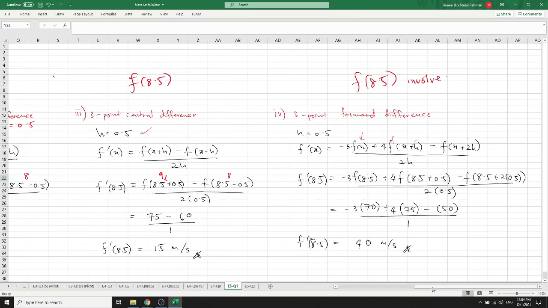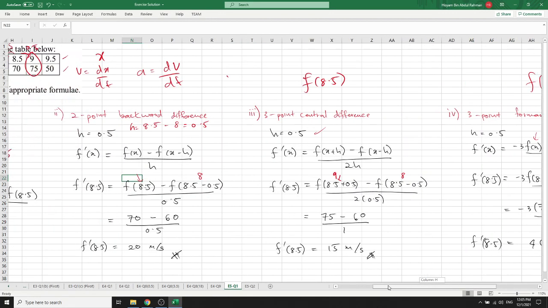So is it okay to use this to solve the problem? Is the h the same, can it be used? We look first.